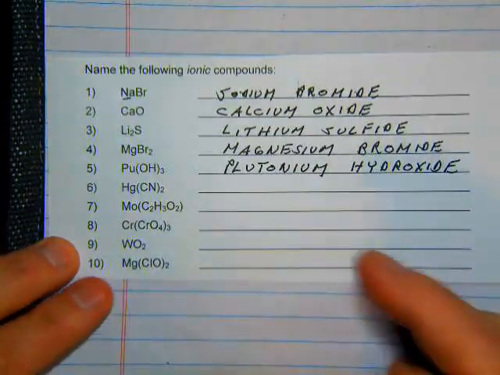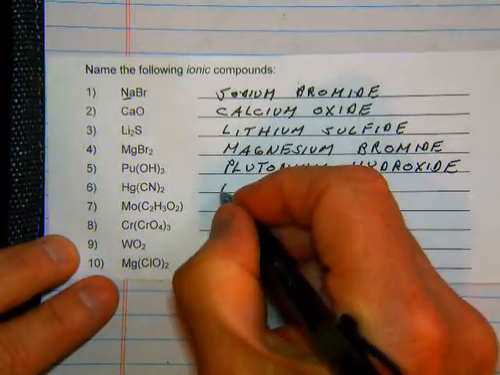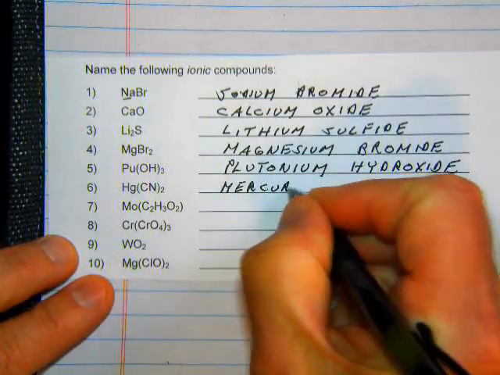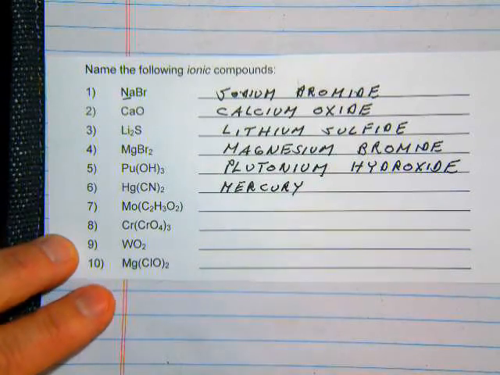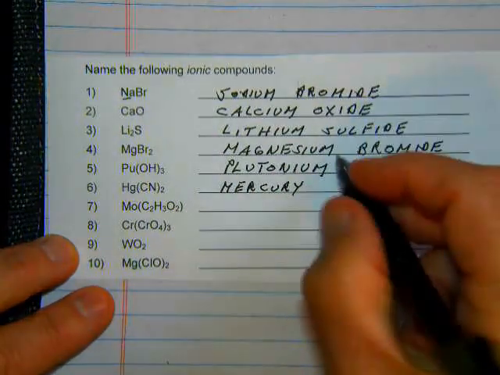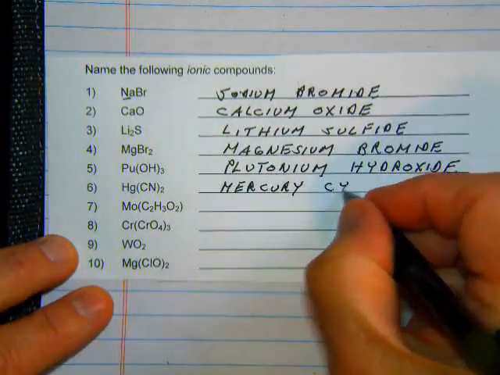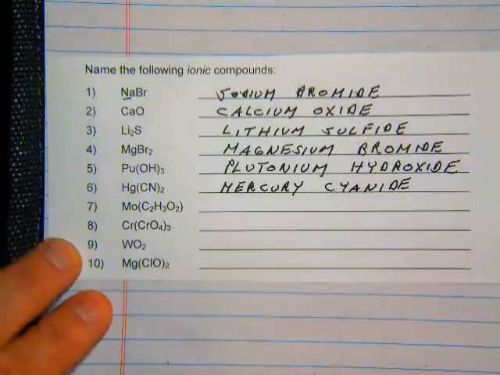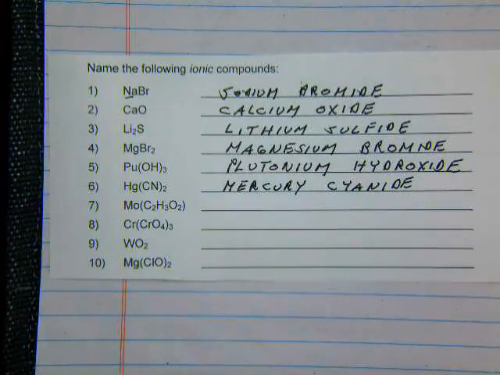On to number 6, Hg is mercury. CN is a polyatomic ion, and that's cyanide. Going on to the next one, Mo is something you don't see real often, but that's molybdenum.